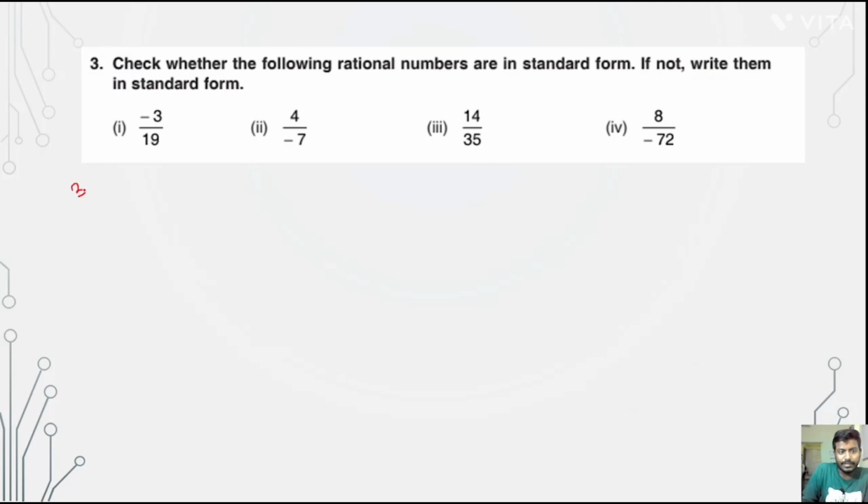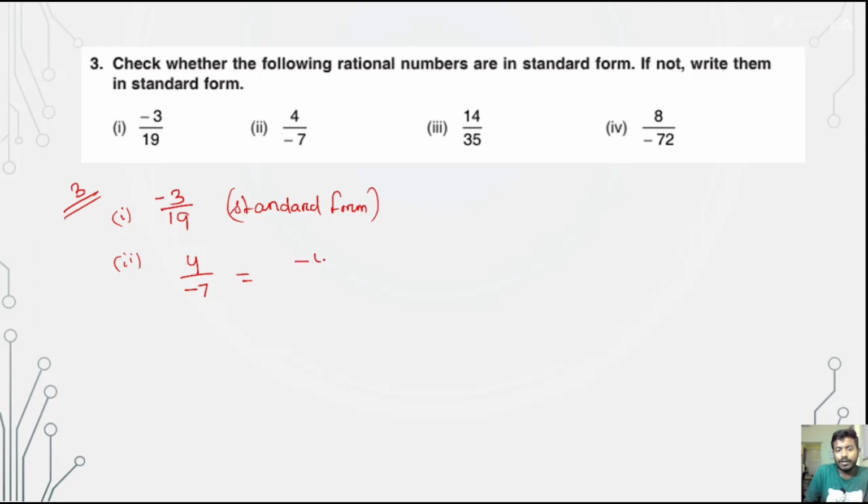Next question number 3. Check whether the following rational numbers are in standard form or not. Okay. First is minus 3 by 19. Yes, standard form. Now question number 2i: 4 by minus 7 is not a standard form because the negative is in the denominator. We convert the denominator to positive.